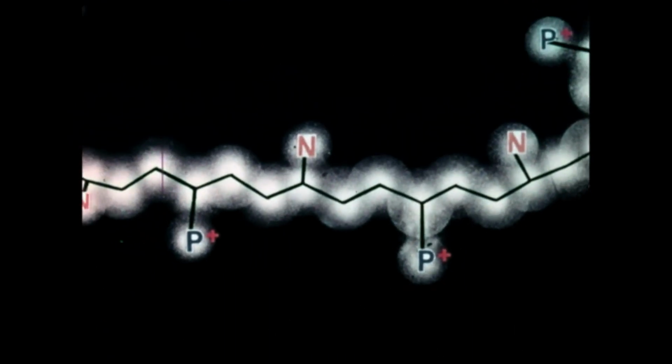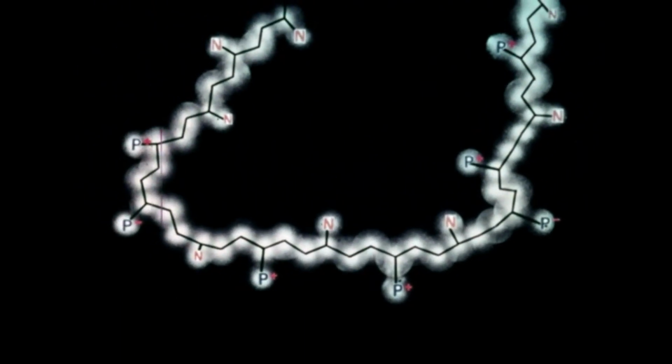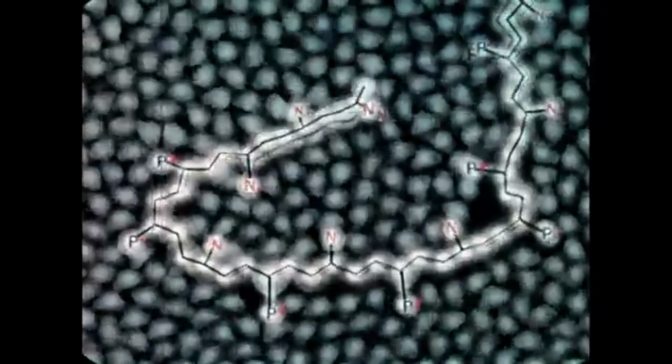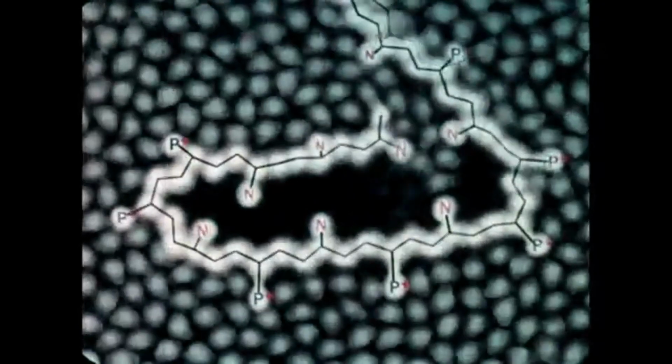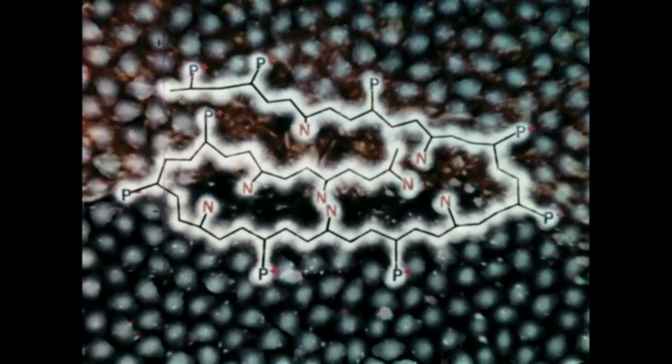Almost any protein has some of its side chains which are polar, here identified by P, and some which are nonpolar, here identified by N. A protein polymer, which is almost always suspended in water, will naturally fold so that the polar side chains are outside and the hydrophobic or nonpolar side chains are inside, away from the water.